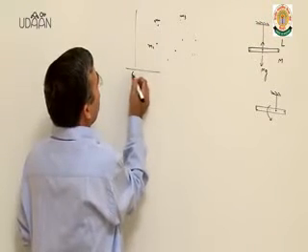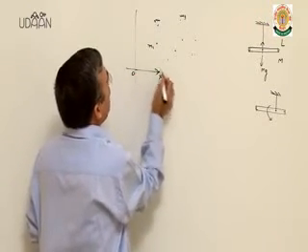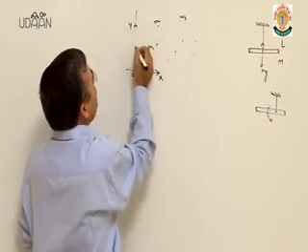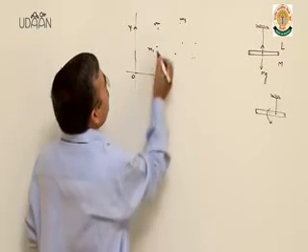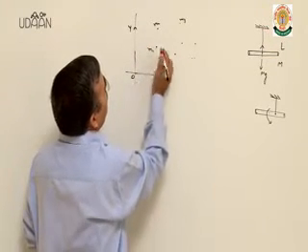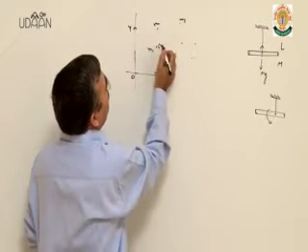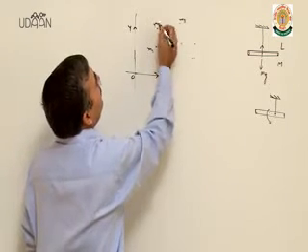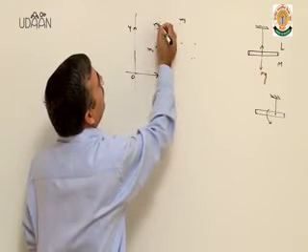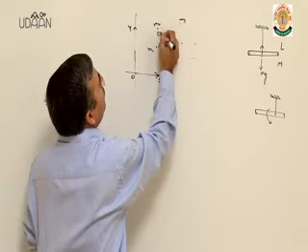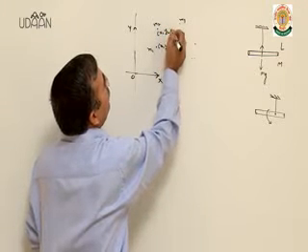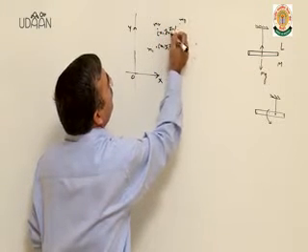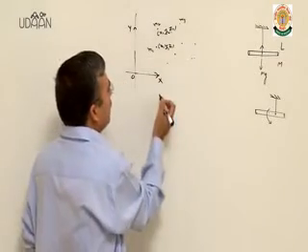Suppose a coordinate system, x-axis, y-axis. Coordinates of m1 are x1, y1, z1, coordinates of m2 are x2, y2, z2 and so on.